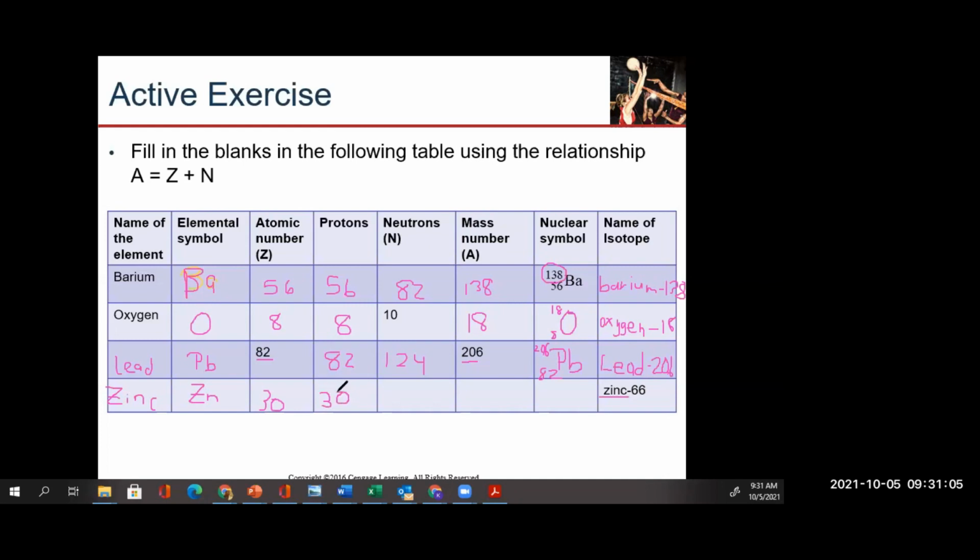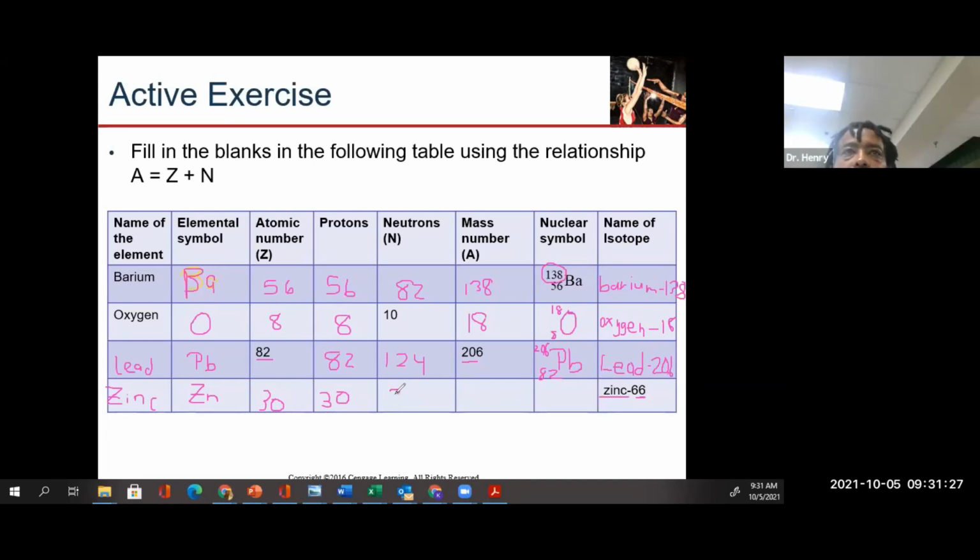Number of neutrons for zinc, in this case? Right, 36. The mass number for zinc? Okay, 66. And the nuclear symbol?